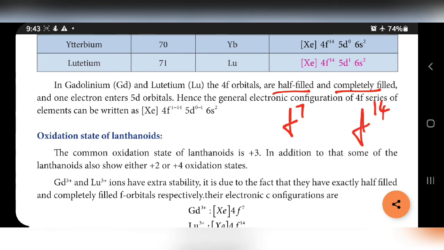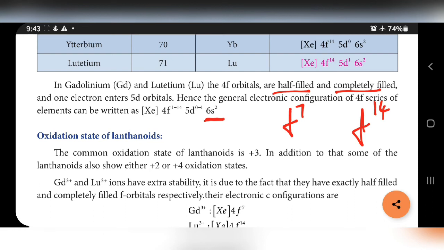And one electron enters the 5d orbital, hence the electronic configuration of the 4f series can be written as 4f1 to 14, 5d0 to 1, 6s2. That means all elements have 2 electrons in the 6s orbital, but in the 5d orbital 2 possibilities are there: either it may contain 0 or 1 electron.